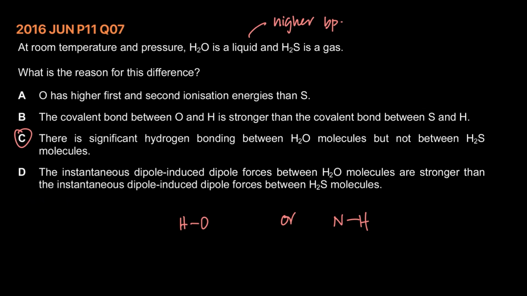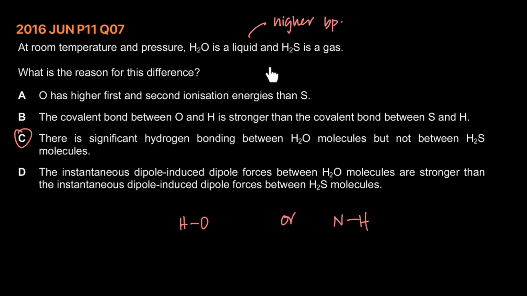And the last part is incorrect because both of these are polar, so they do not have instantaneous dipole-induced dipole attraction. Polar molecules do, but the strongest force is hydrogen bonding and then permanent dipole. Induced dipole is the weakest.